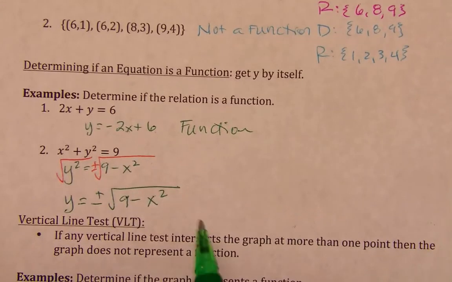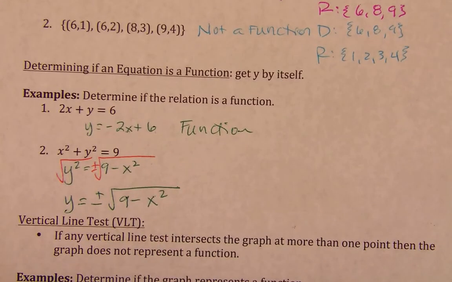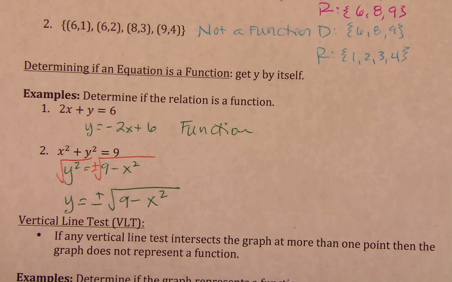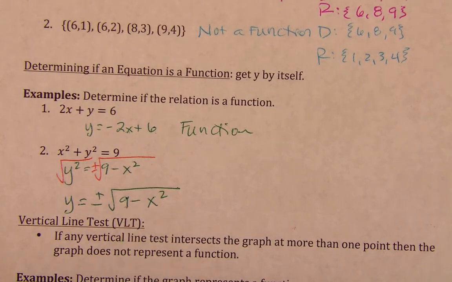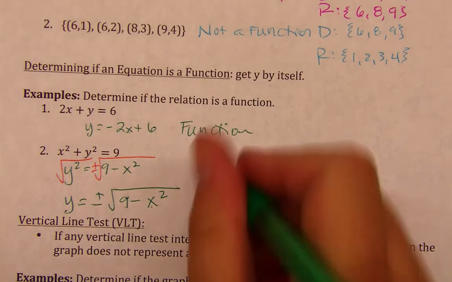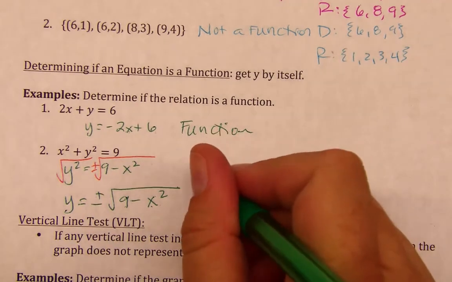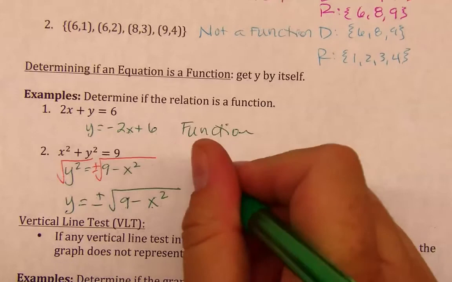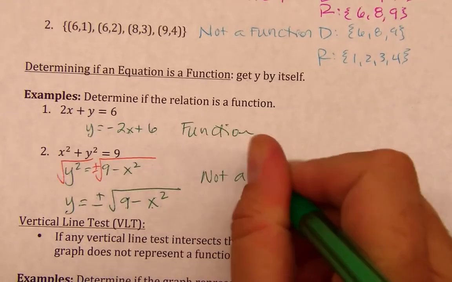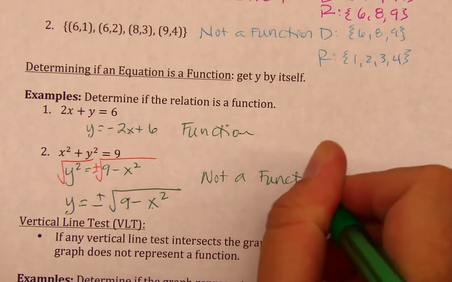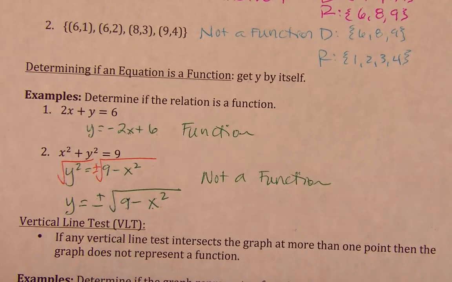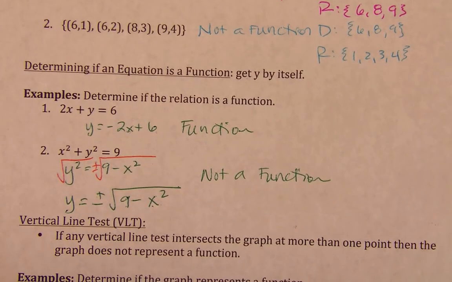Now, if I plug in a single x value, let's say I plug in 0. Well, 9 minus 0 is going to be 9. Square root of 9 is 3. And plugging in a single x value, 0, gave me positive 3 and negative 3. And that's my hint, or really my evidence, that this is not a function. So that plus or minus there is a big hint to us here.